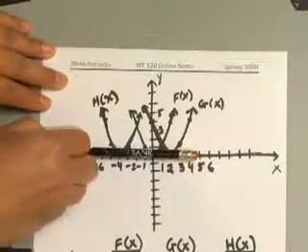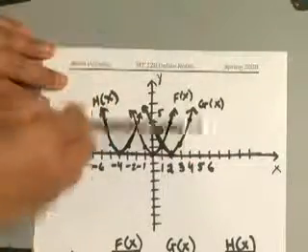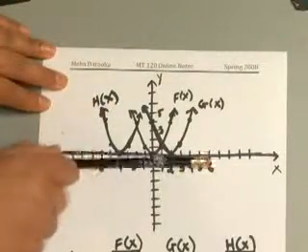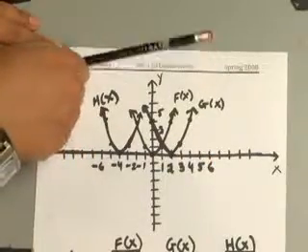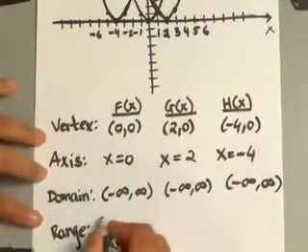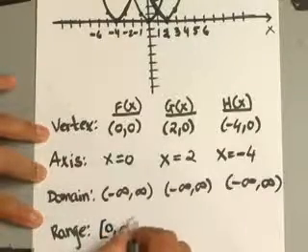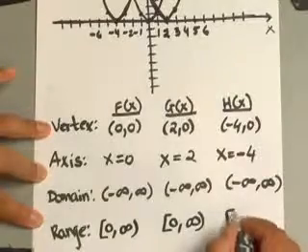All the graphs are starting at the x-axis and they're going to positive infinity with respect to your y-axis. So for your range, you're starting at y equals 0 and you're going all the way up to positive infinity. So for all three of these graphs, the range stays the same and it's going to start at 0 and go all the way to positive infinity.